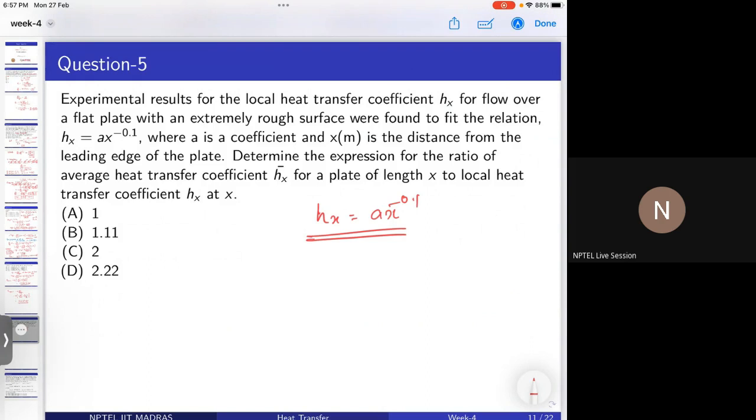I would like to determine the ratio of the average heat transfer coefficient divided by this local heat transfer coefficient. Can you please try? This is a simple question. I will wait for 2 minutes, and after that I will solve it. The expression for the average heat transfer coefficient was already discussed in the class, so this is just the mathematics part of it.